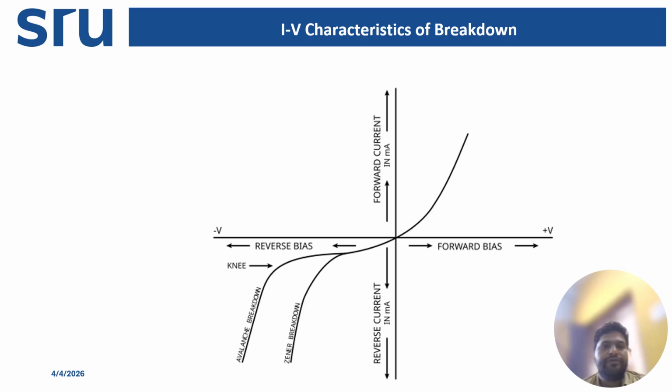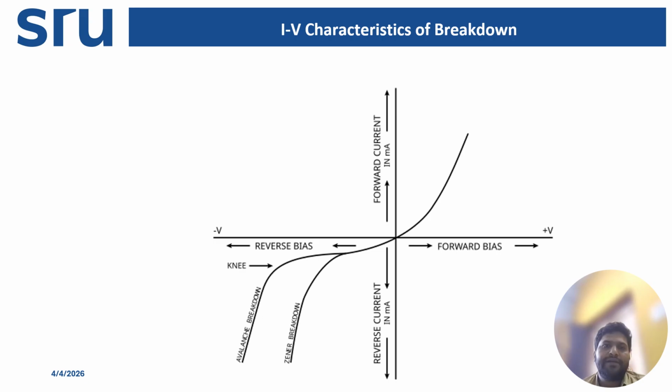So what is the observation in IV characteristics in the breakdown mechanism? Breakdown voltage is well defined. After breakdown, voltage changes very little while current increases rapidly. The diode must be protected using a series resistance. If current is not limited, the diode may get damaged.